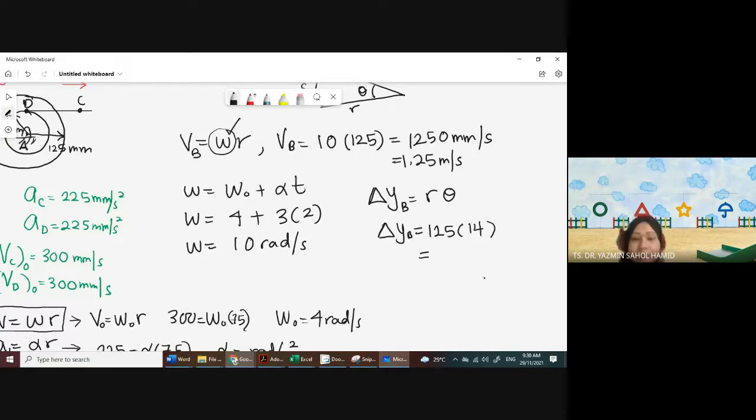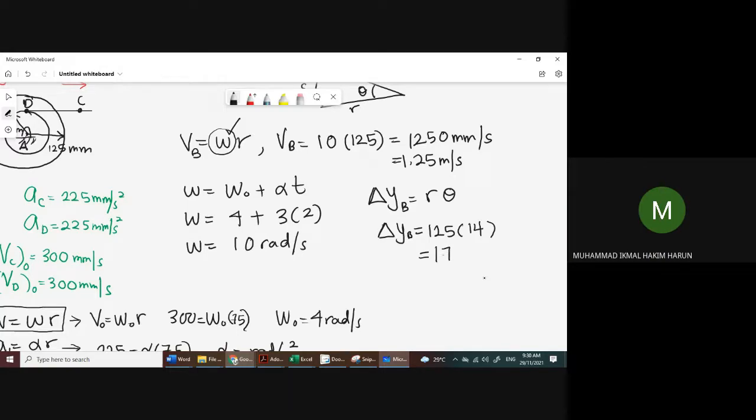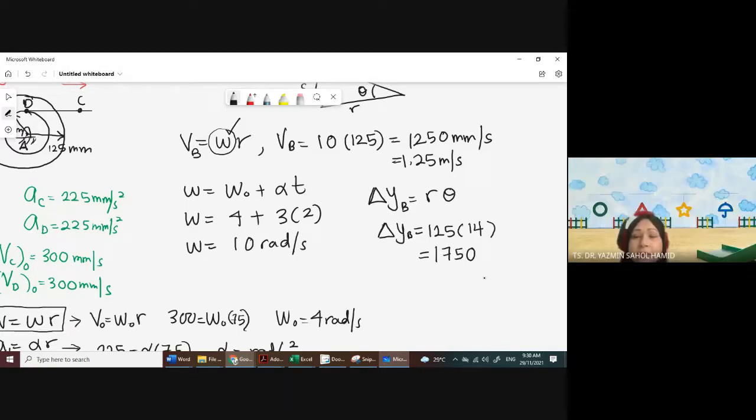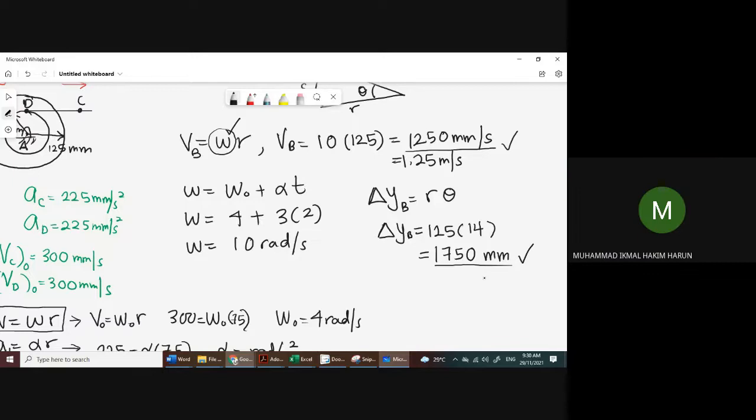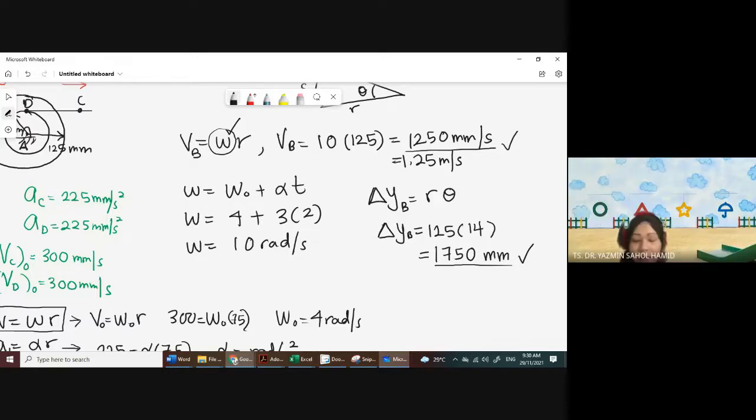Dapat berapa? 1750. Unit? Millimeter. Okay, good. Dia going up ke down? Up. Okay, going up. Good.